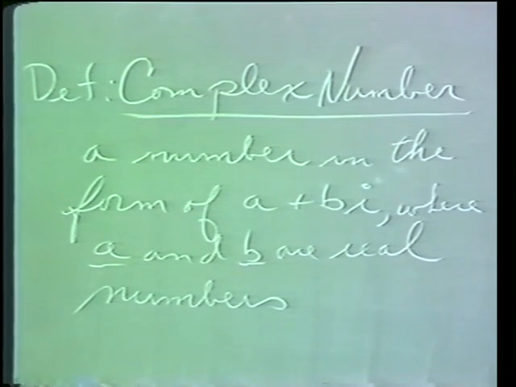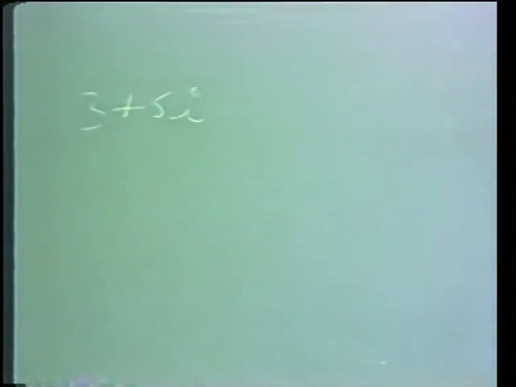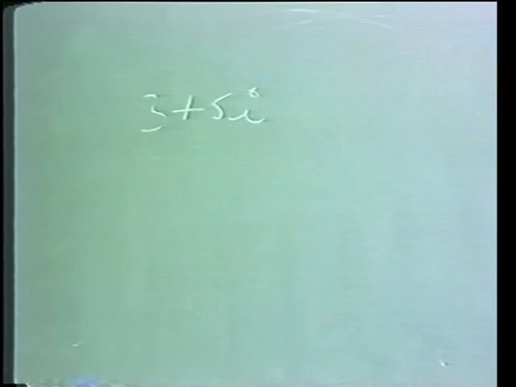Example, 3 plus 5i. This is a complex number.